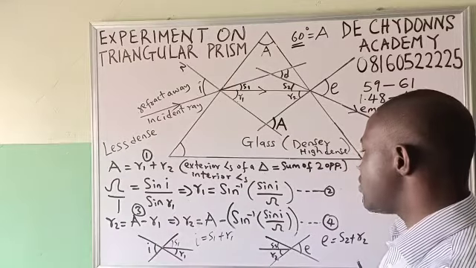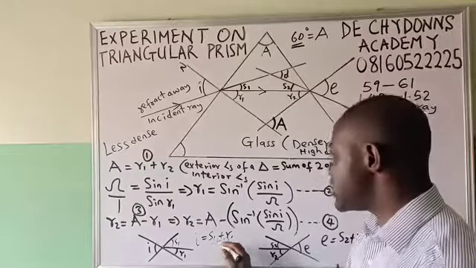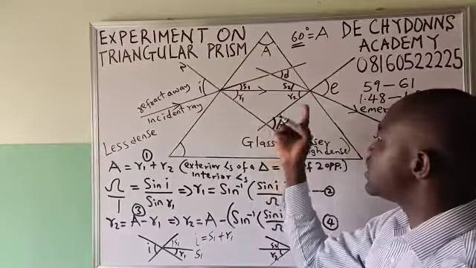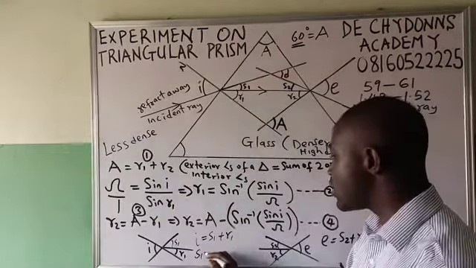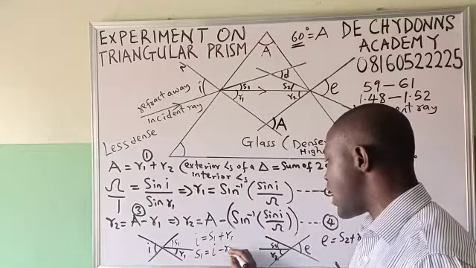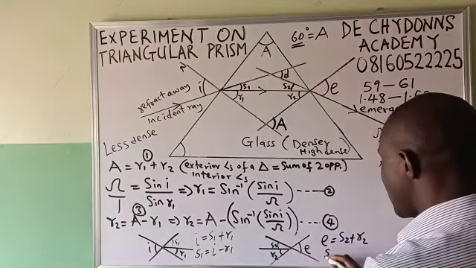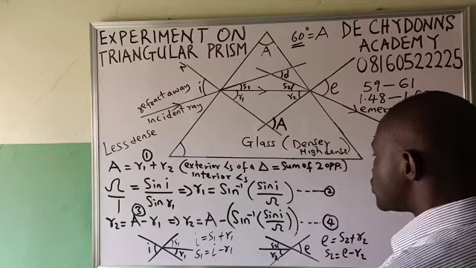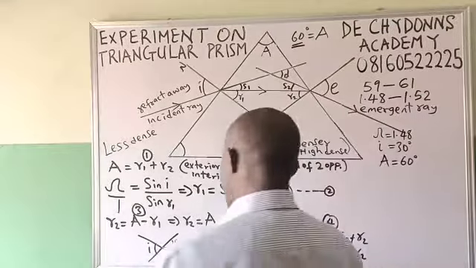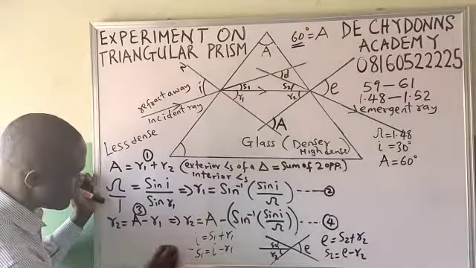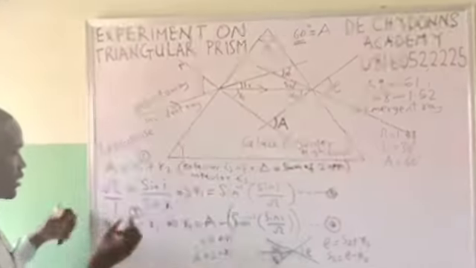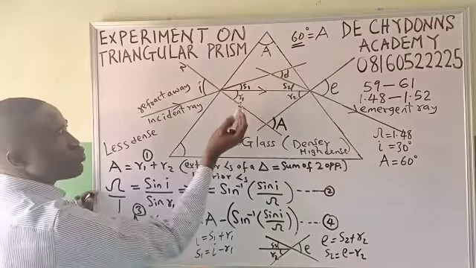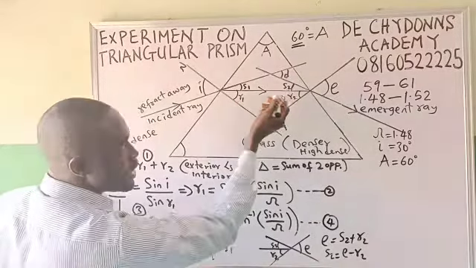Noting that, what is our S1? Remember, we are applying this rule here because we want to get the value of S1. S1 equals I minus R1. Then here, S2 equals E minus R2. Having noted this, we now package them and put it here. Our angle of deviation is equal to S1 plus S2.